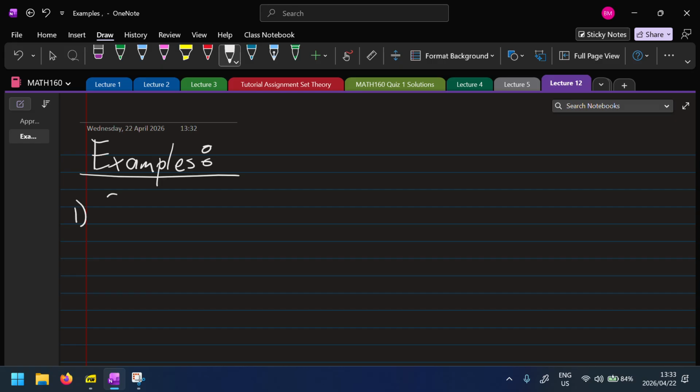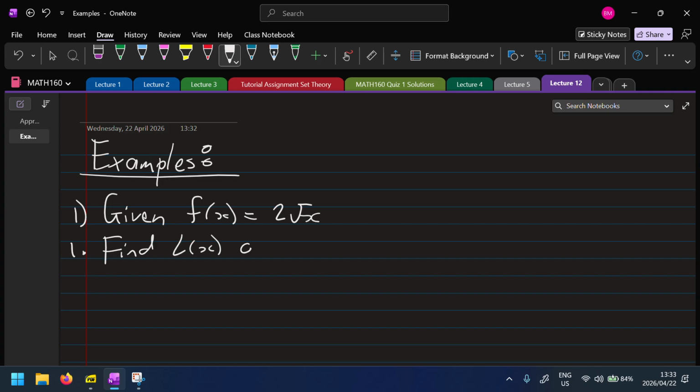So number 1, given f of x equals 2 roots x, we've got 3 sub-problems here. Number 1, find the linear approximation at x equals 1. Number 2, find the quadratic approximation at x equals 1.